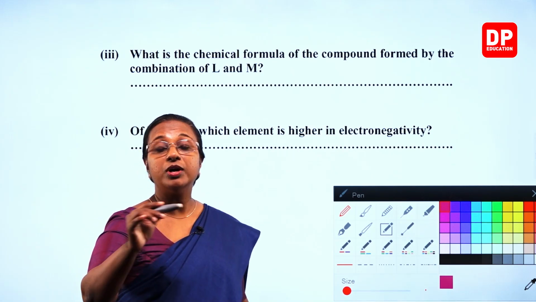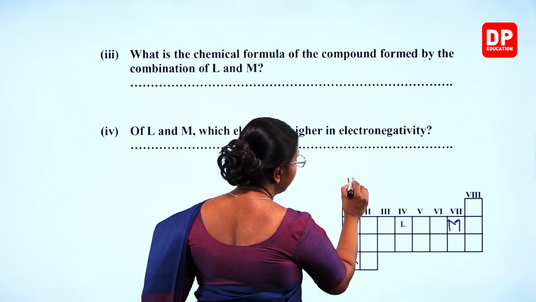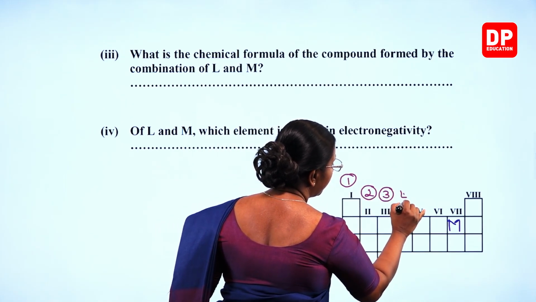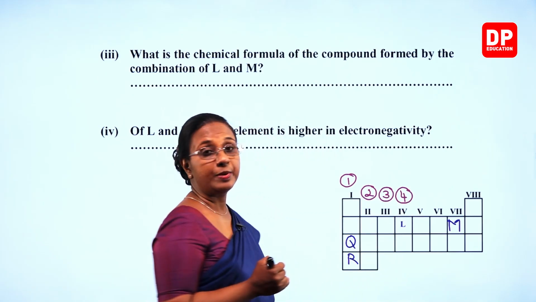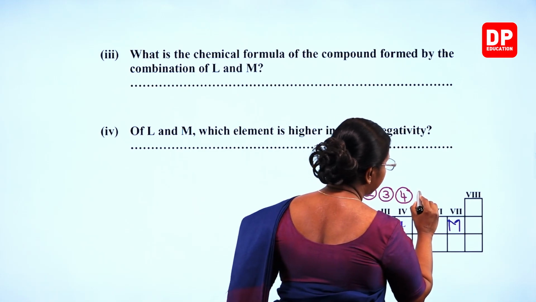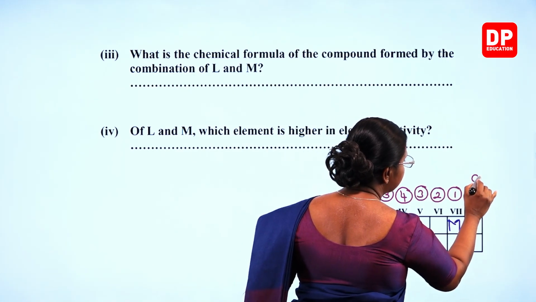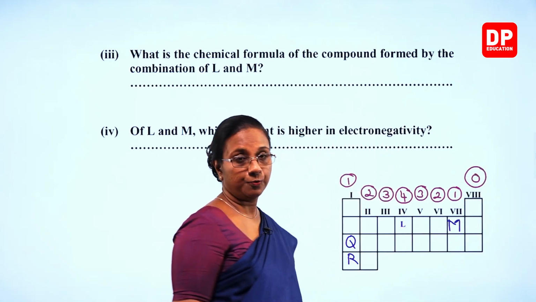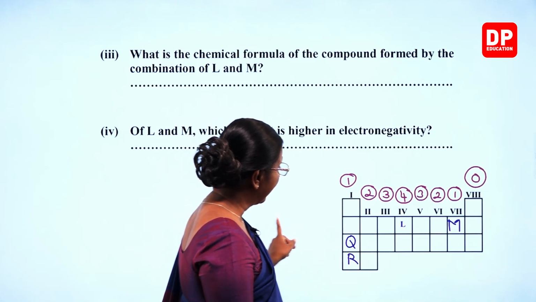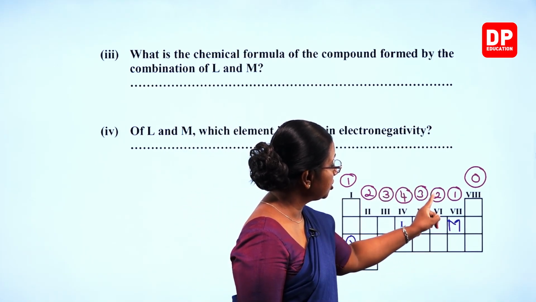If you go across the periodic table from left to right, group number 1, 2, 3, 4, the valency equals the group number. But starting from 5, the valency becomes 3, 2, 1, and then valency 0, because they are noble gases and do not form bonds. So the valency changes this way: 1, 2, 3, 4, 3, 2, 1.